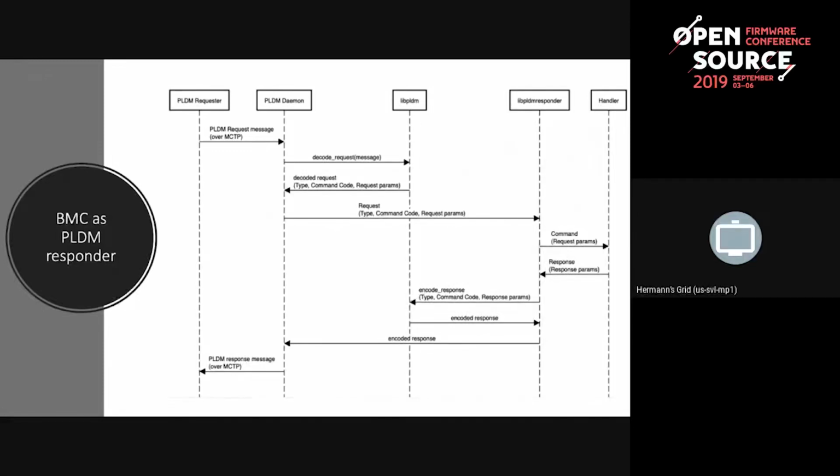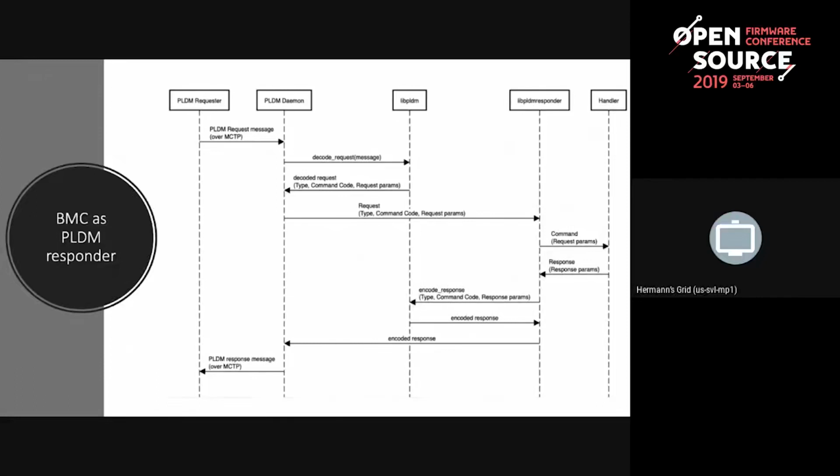If the BMC wants to be a PLDM requester, can it use libPLDM? The most common case is the BMC talking to the option device. Yes, but in this case the BMC is the responder, and the host is using PLDM to access the BMC, right? Right. libPLDM itself has APIs that serve both the requester and responder flows.